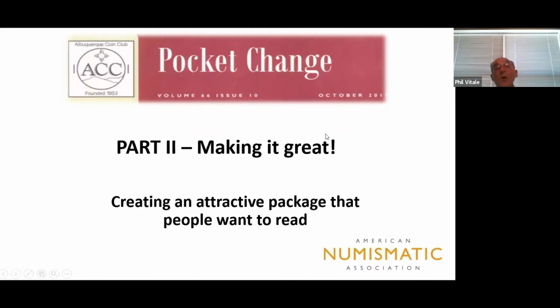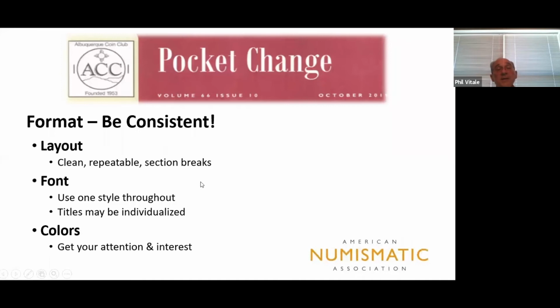So, that's the opening part. What you want to do, obviously, is create an attractive package that people want to read. If they don't want to read it, we've lost. So one of the most important things right off the bat is format. You want to have clean, repeatable section breaks in your layout.